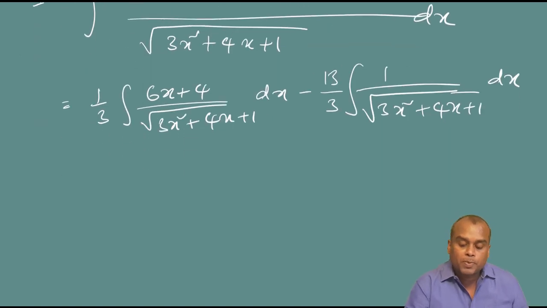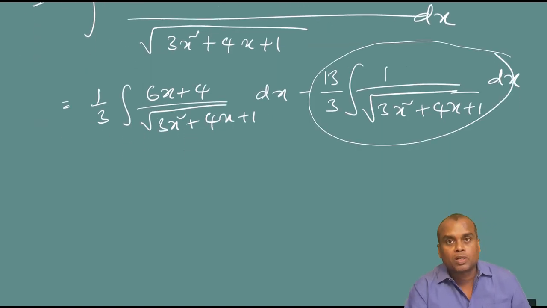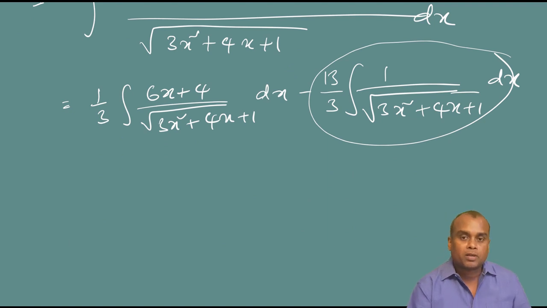Okay, you see this part you already know. It is nothing but 1 by square root of a quadratic. So I leave that part for you. Now this one, this also actually you know.